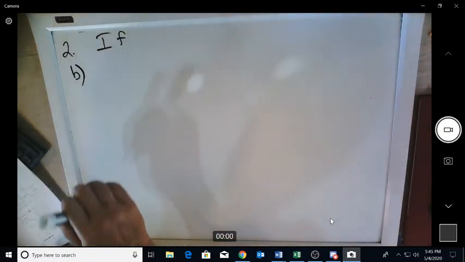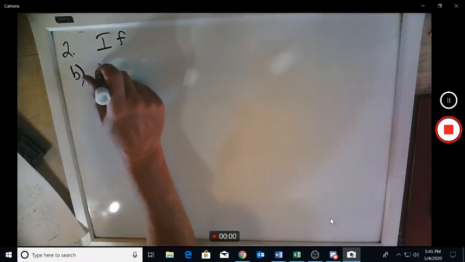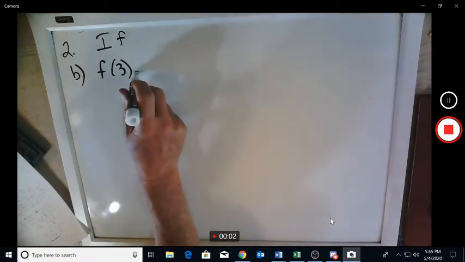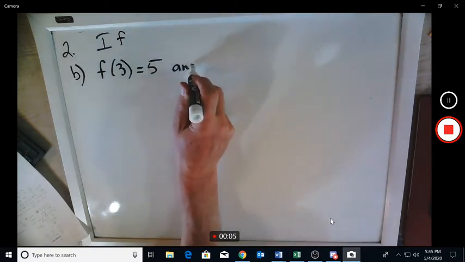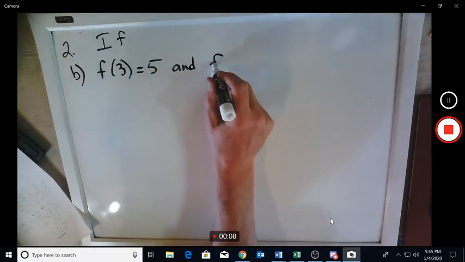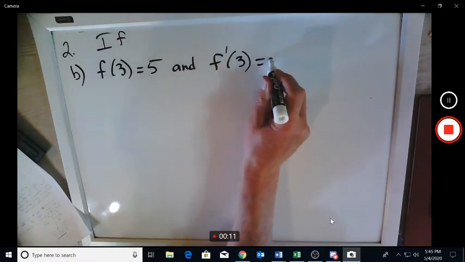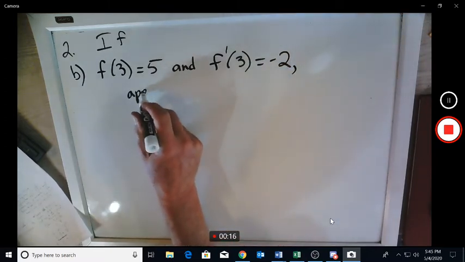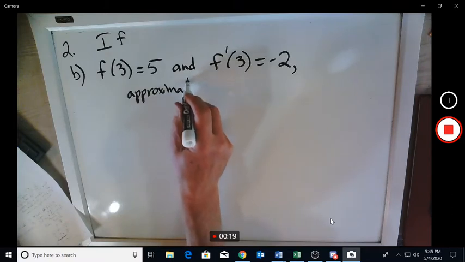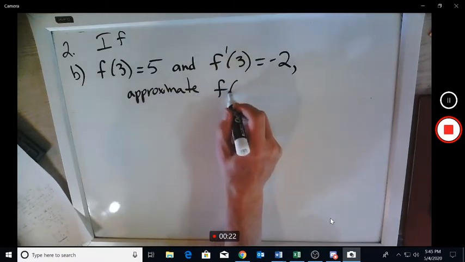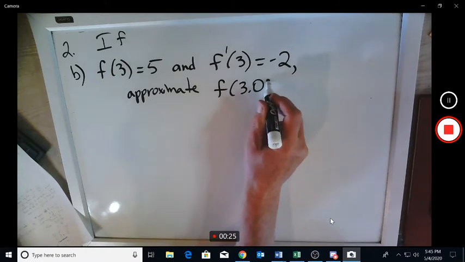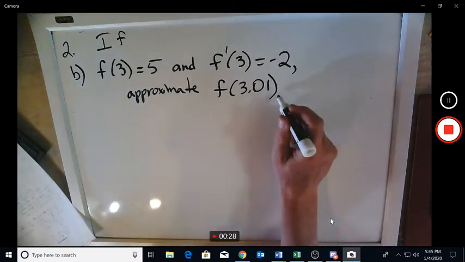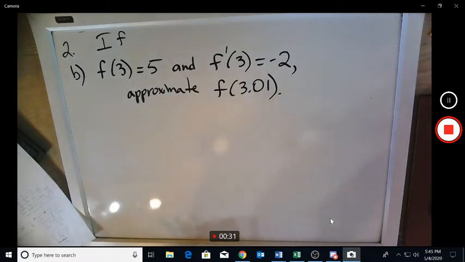So this is part B. If f(3) is equal to 5 and f prime of 3 is equal to -2, approximate f of 3.01. So, draw a picture that makes that meaningful, and that allows you to get an estimate.